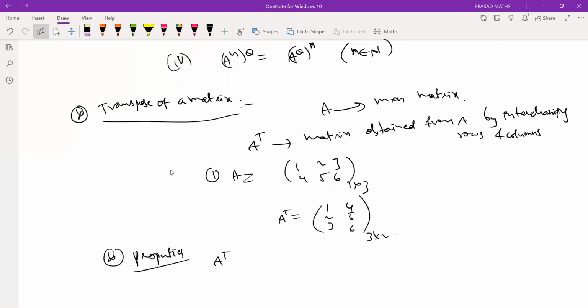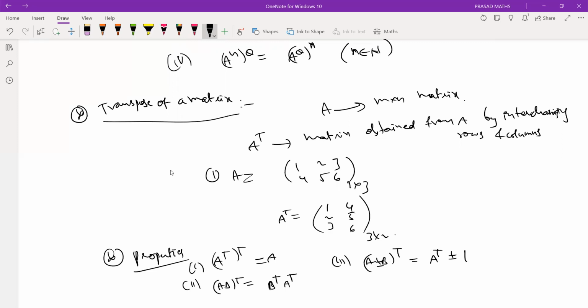A transpose whole transpose is equal to A itself. Next, AB whole transpose is equal to B transpose into A transpose. Third, A plus or minus B whole transpose is equal to A transpose plus or minus B transpose.